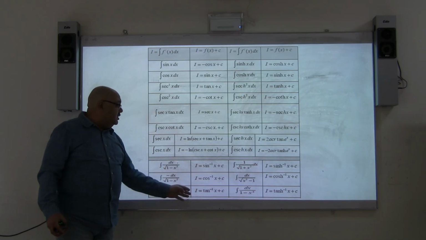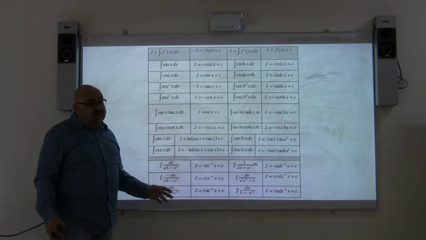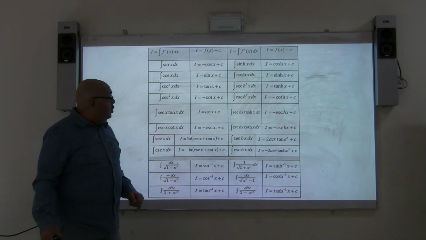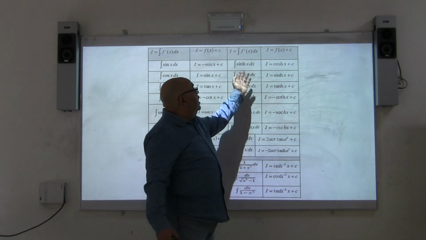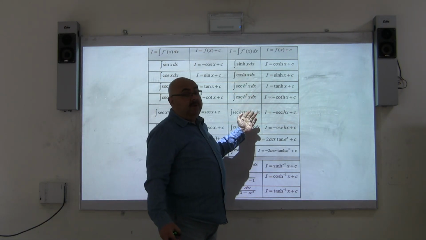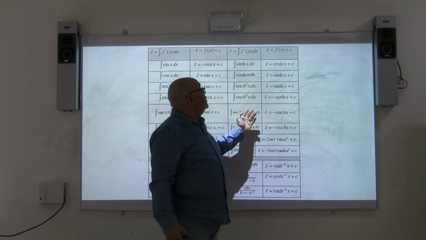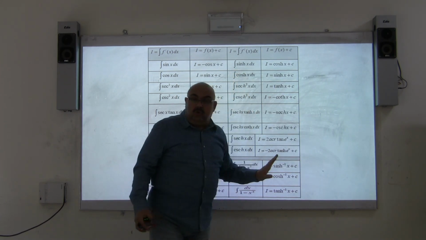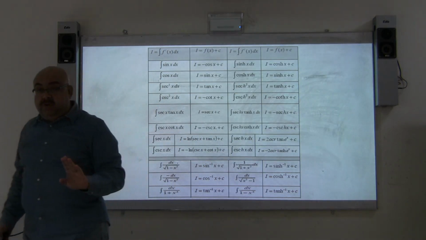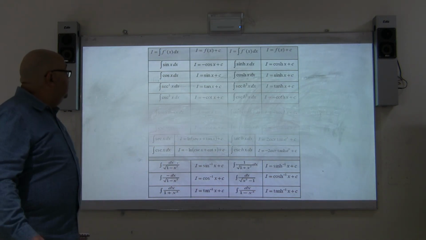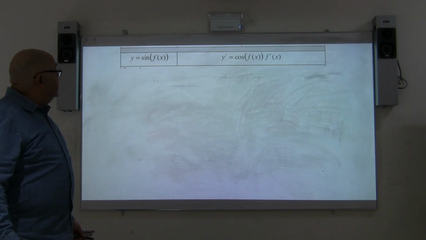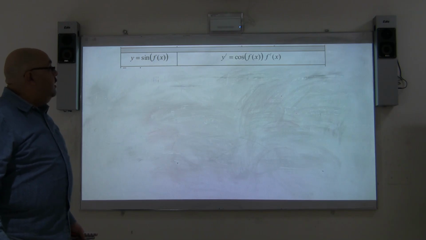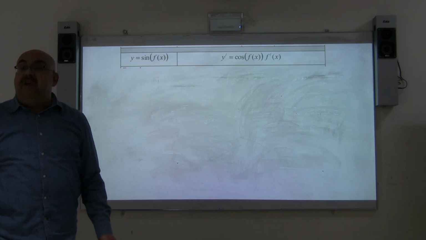And the other ones for the other functions also exist. You have the hyperbolic functions, which are sine of x, cosine of x, tangent, and so on, also to keep here.